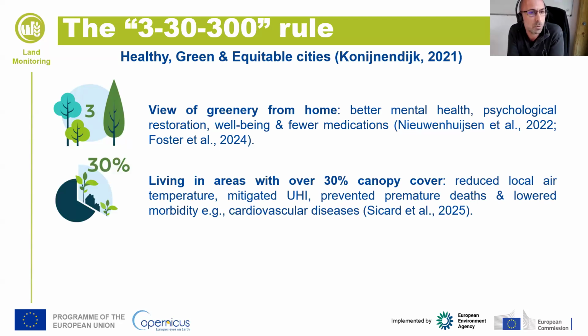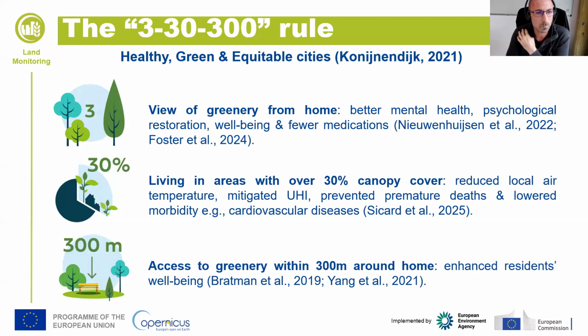Living in a neighborhood with more than 30% canopy cover is associated with reduced local air temperature, mitigated urban heat island, and prevented premature death, in particular from cardiovascular disease. And living within 300 meters of a green space around home.